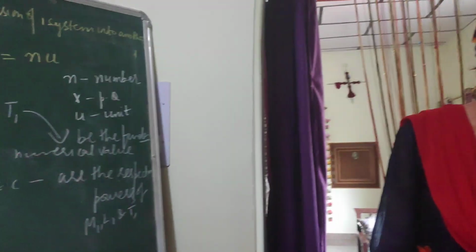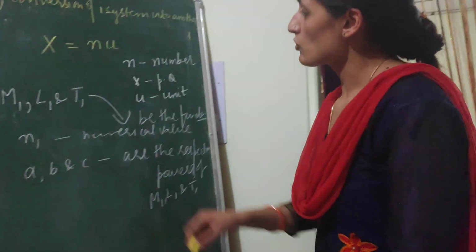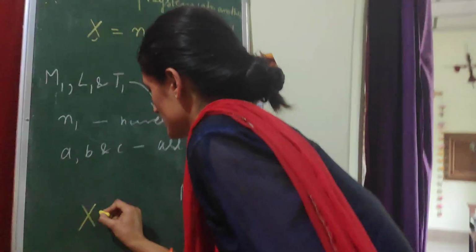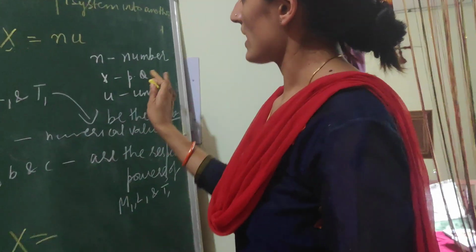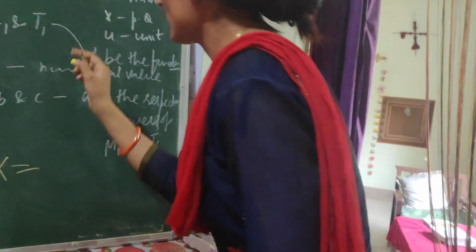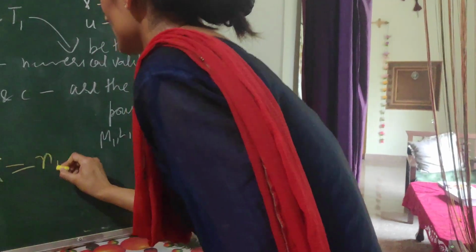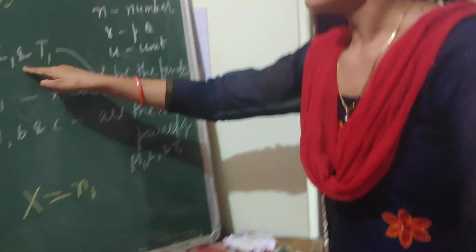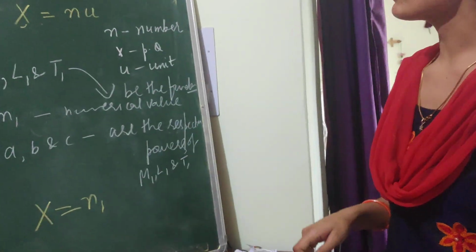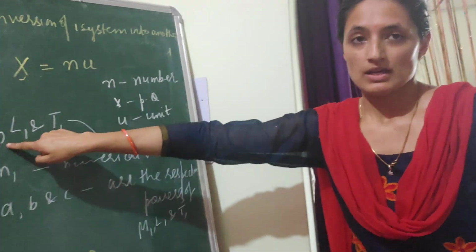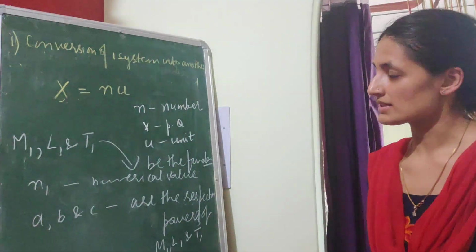This is okay with you? Now if I want to write this, X is a physical quantity. Now I want to write it for the first system. Then what we have supposed: N1 is the numerical value, and M1, L1 and T1 are the fundamental physical quantities, that is, these are the units. M is mass, L is length and T is time.